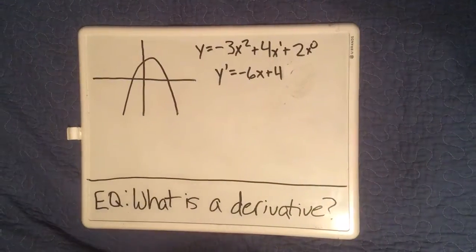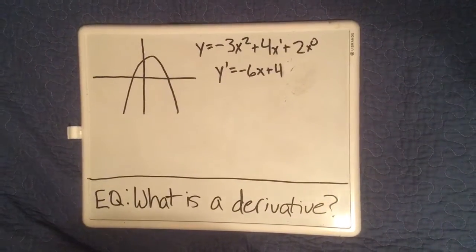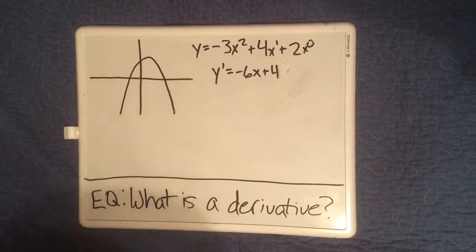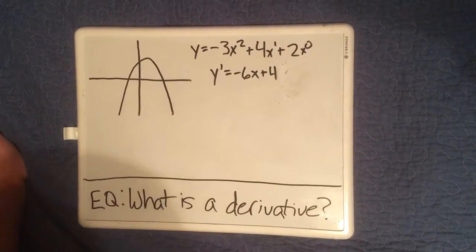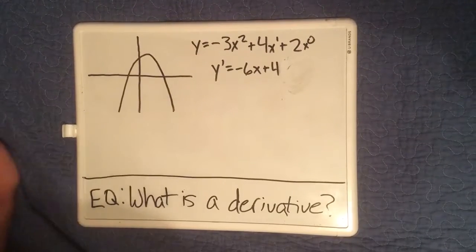Okay, so this means that to find the slope of the line at any point, you would just plug in the x value into negative 6x plus 4.